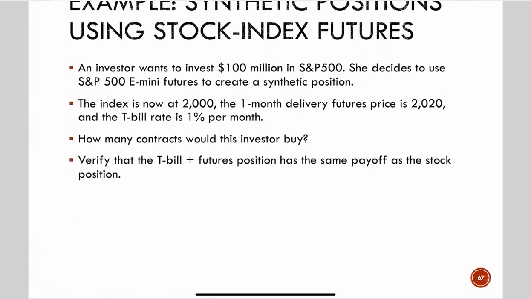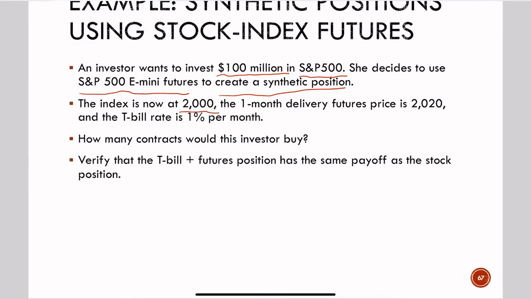Let's say an investor wants to invest $100 million in SP 500. Instead of using the SPY ETF, let's say this investor decides to use SP 500 E-mini futures. So she would want to create a synthetic position. Now let's say the index is now at 2000.